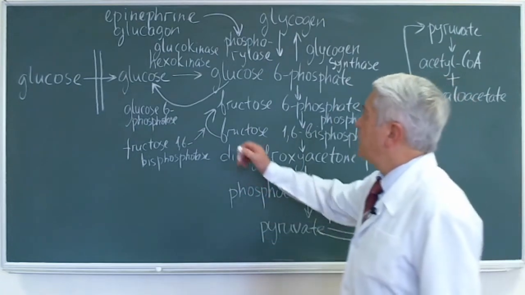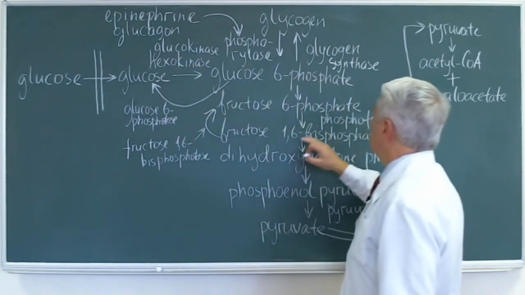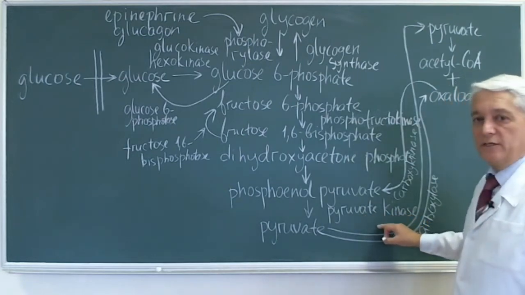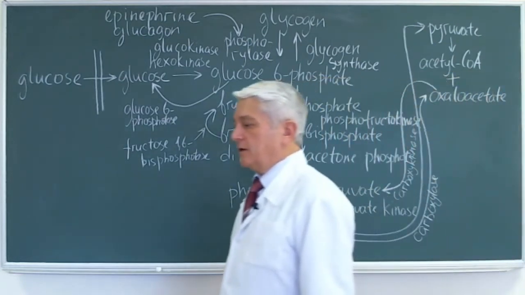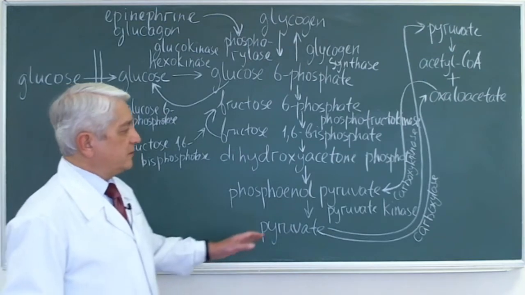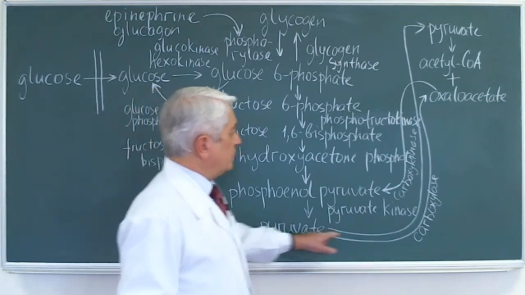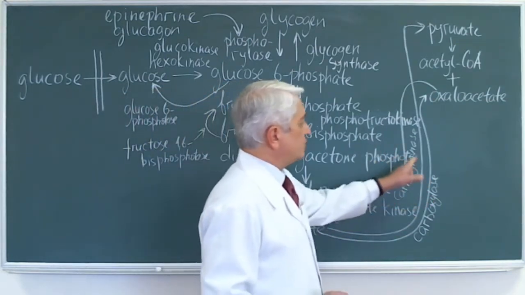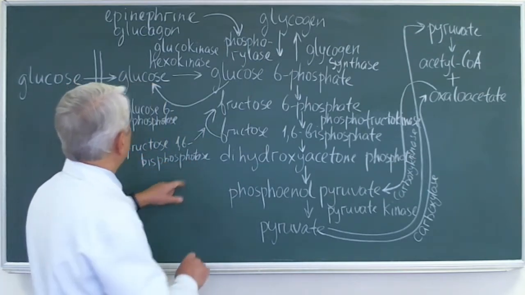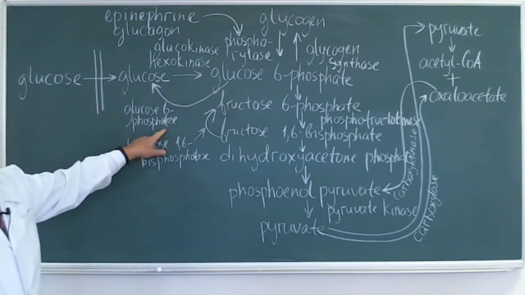So three irreversible reactions: reaction with hexokinase, glucokinase first, with phosphofructokinase second, with pyruvate kinase third, and for the way back we need, instead of these three enzymes, four other enzymes: pyruvate carboxylase, phosphoenol carboxykinase, then fructose 1,6-bisphosphatase, and glucose 6-phosphatase.